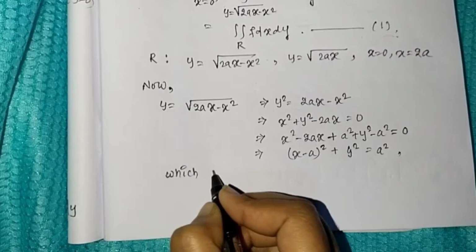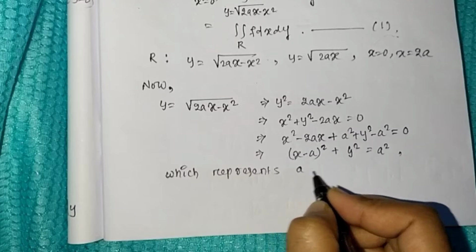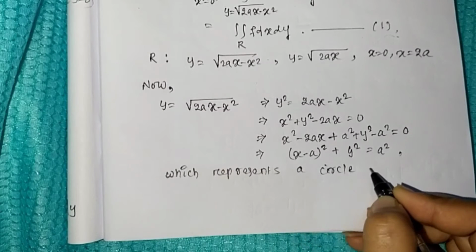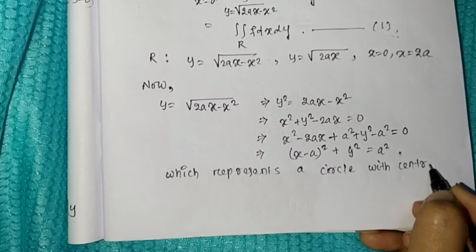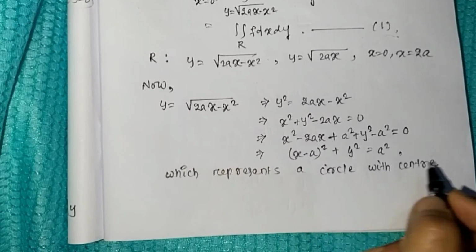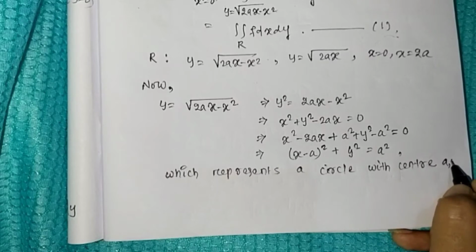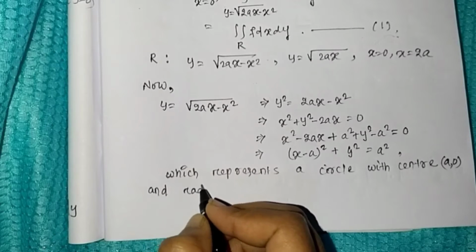Which represents a circle with center a, 0, that is x minus a whole square plus y minus 0 whole square, that is center a, 0, and our radius is a.